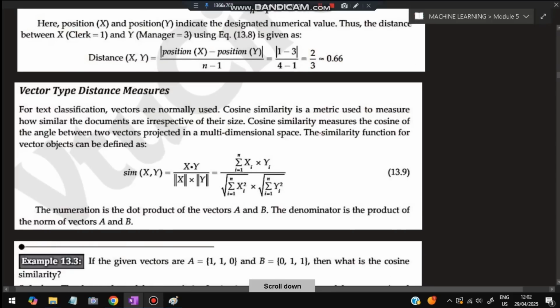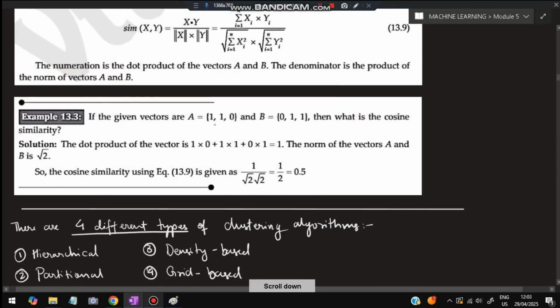Okay, if you do it with vectors, we'll be using the cosine formula. Let's see an example. A is 110 and B is 011. To find the cosine value, first we calculate 1 into 0 plus 1 into 1 plus 0 into 1. That answer is 1, and we write 1 here, and divide by the product of the norms.